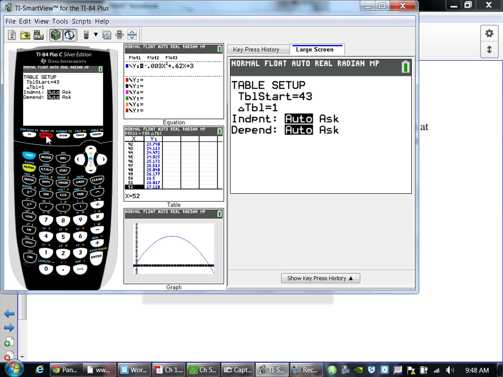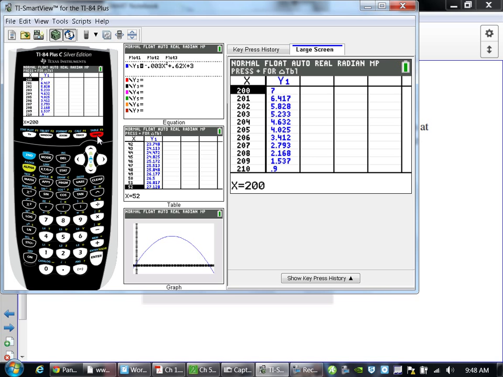Right now, mine's starting at 43. Since our graph went all the way over to 250-ish, I'm going to pick 200 for my table to jump right to and just see what happens. Then it's quicker, I can move up and down from there to look for the other one. Obviously at 200, I have to go up.